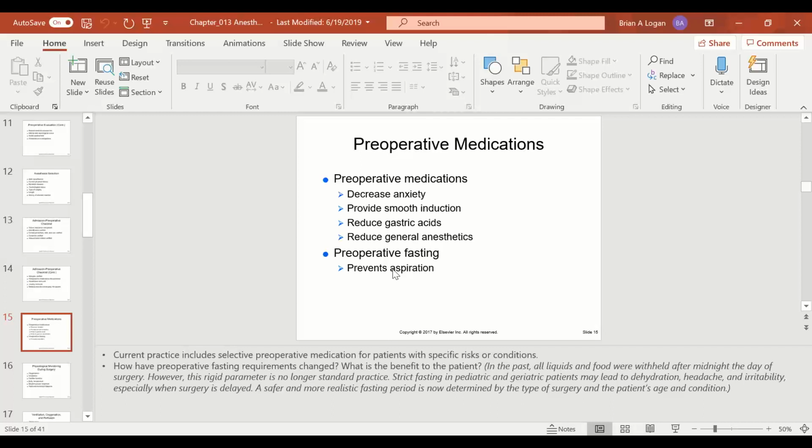And then we also have the patients fast, or not eat or drink anything, at least 8 hours prior to surgery to prevent aspiration, to prevent fluid or particles coming up from the stomach and getting down into the lung, causing a pneumonia, aspiration pneumonia, is what it's called.